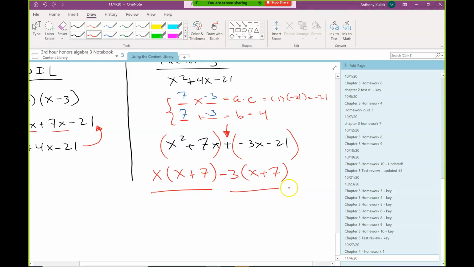What's in common between x times x plus 7 and negative 3 times x plus 7? Well, the x plus 7 part, right? Everybody see that? It's in common to both. So I can factor that off, and that leaves me with x minus 3. This process here is called factor by grouping.